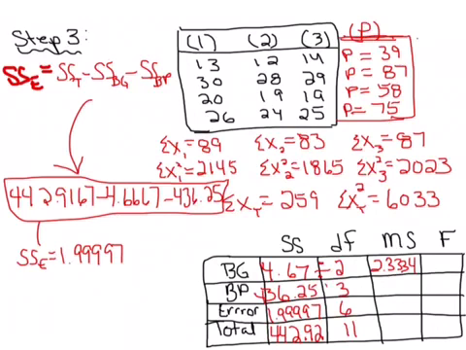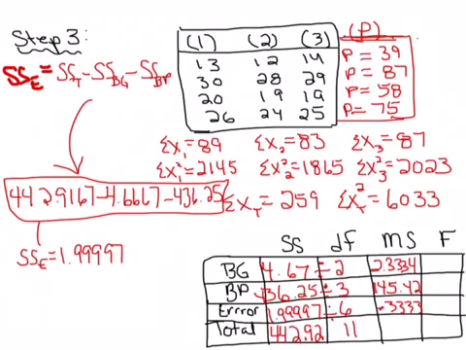Again, divide across. 436.25 divided by 3 is 145.42. And then another division symbol here. 1.9997 divided by 6. I got 0.3333, basically. That's what I put.